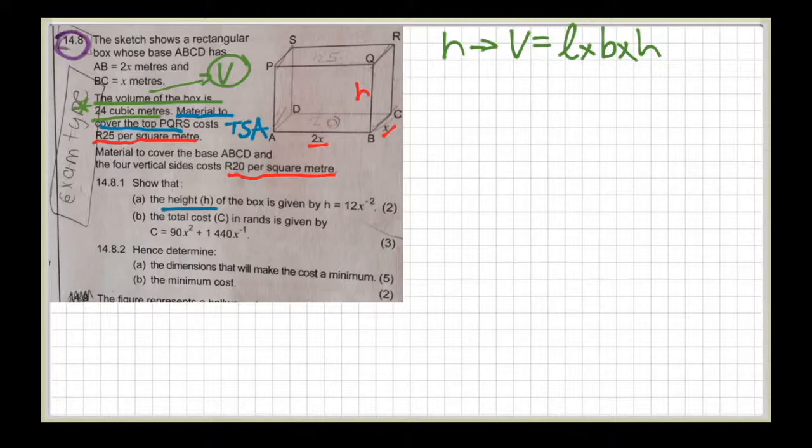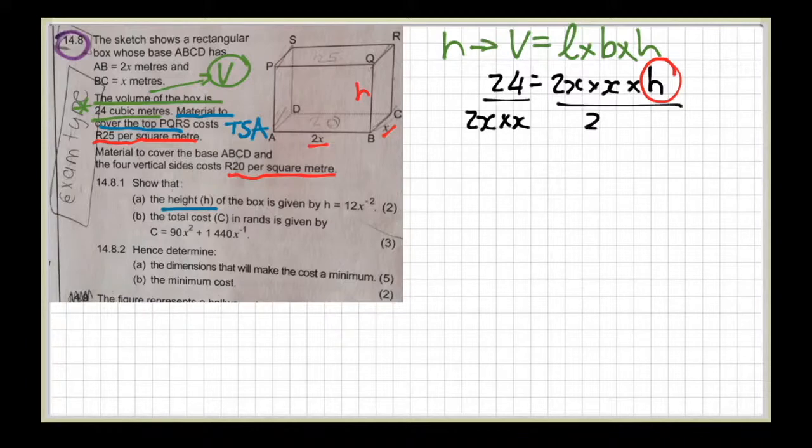But let's try in any case to get the volume. Let's substitute in what they gave us. They gave us the volume to be 24. The length of the box I'm going to choose to be 2x. The breadth is x. And the height I do not know, but I want height as my subject. So I'm going to divide both sides by 2x times x, or just 2x squared.